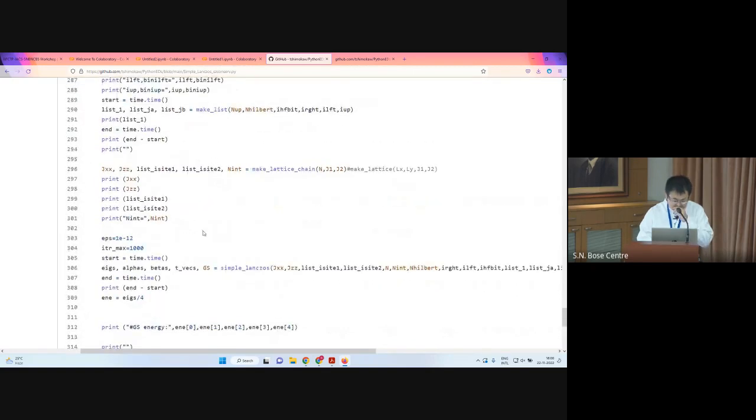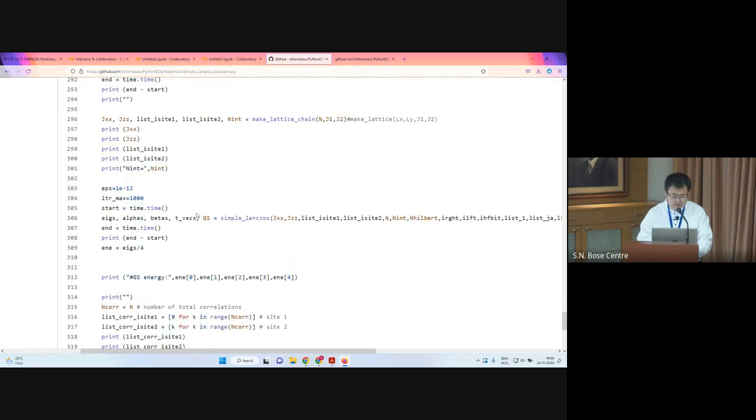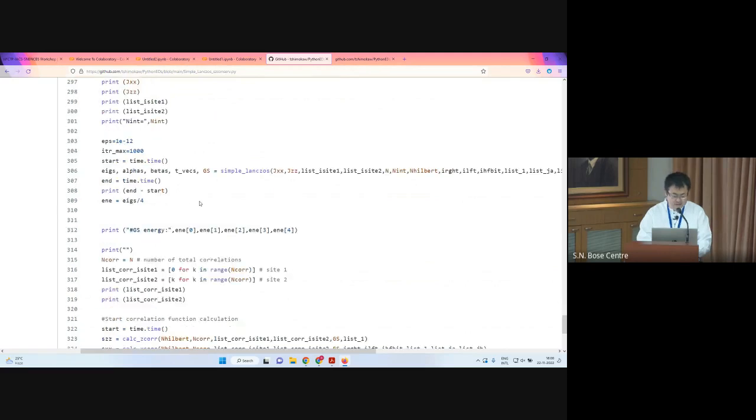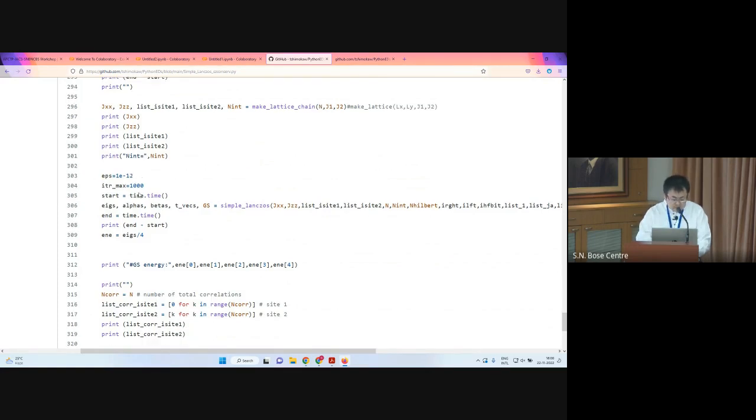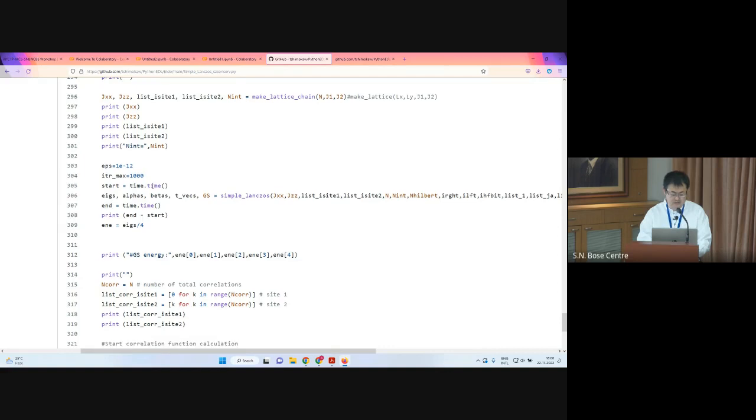After defining our model Hamiltonian, now is the time to do the Lanczos procedure. We set the precision for the convergence of the energy here, and we also set the maximal number of Lanczos iterations. I set 1000 here.